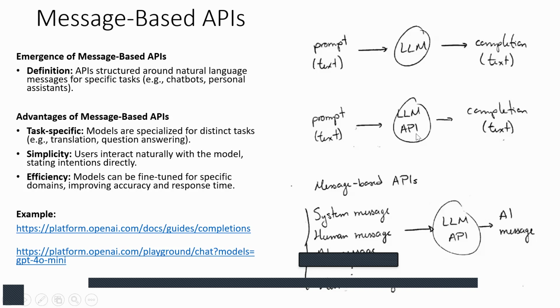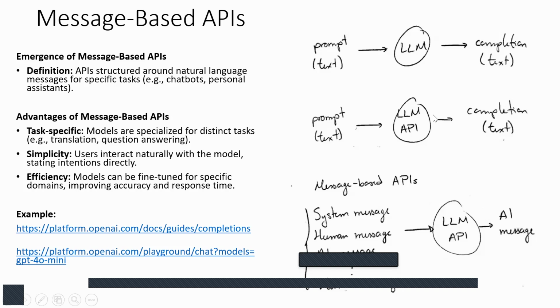OpenAI and Google and all the LLM providers created one API which was in between my LLM and the user, and that API was accepting your text as an input. Just like we just passed, right? What is transformer? In the form of text, it was taking the input, or the prompt basically.